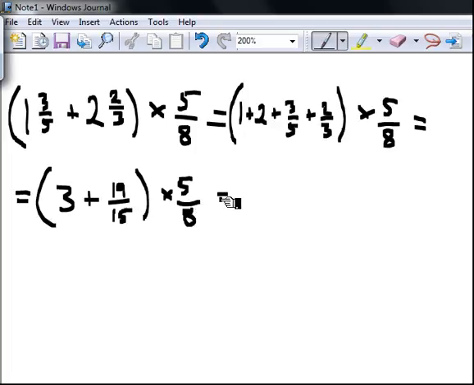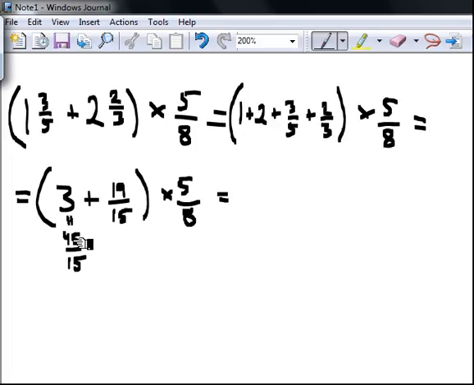Let's change 3 wholes into 15ths because we have to write this inside the bracket as one improper fraction. So 3, if we divide it into 15ths, is going to be 3 times 15, 45. This is the same thing as 45 15ths.